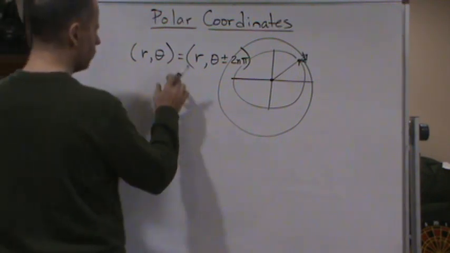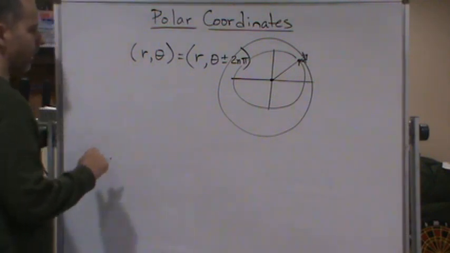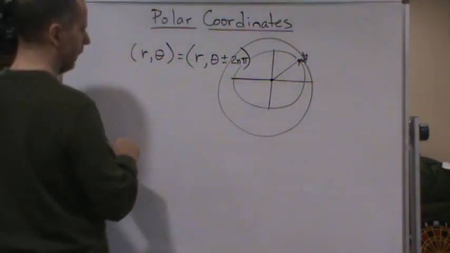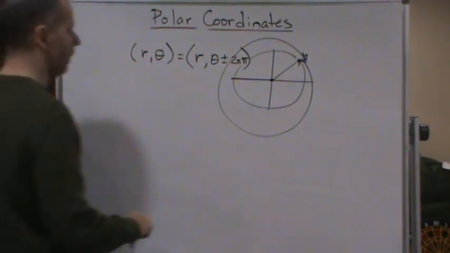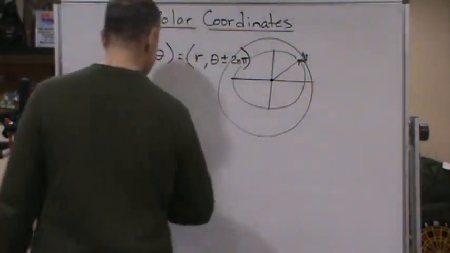So they represent the same points. Or I can also play around with r, the directed distance. Let's say I have this point again.